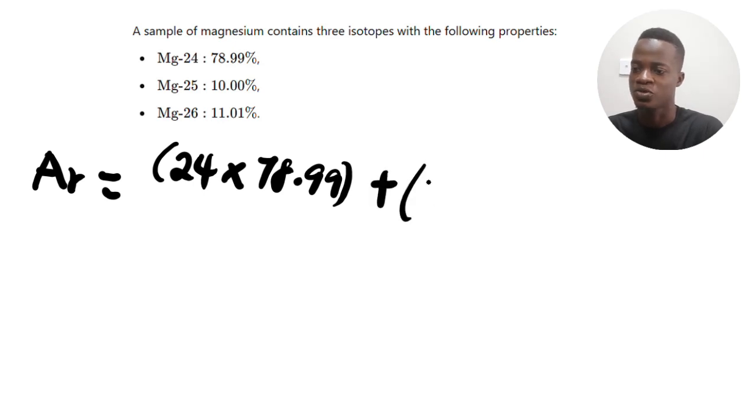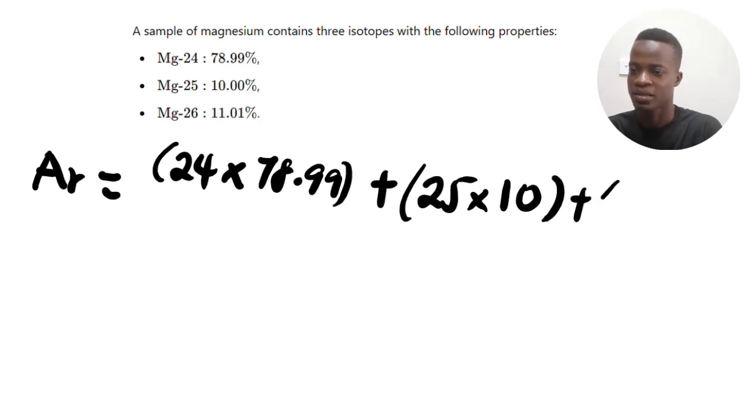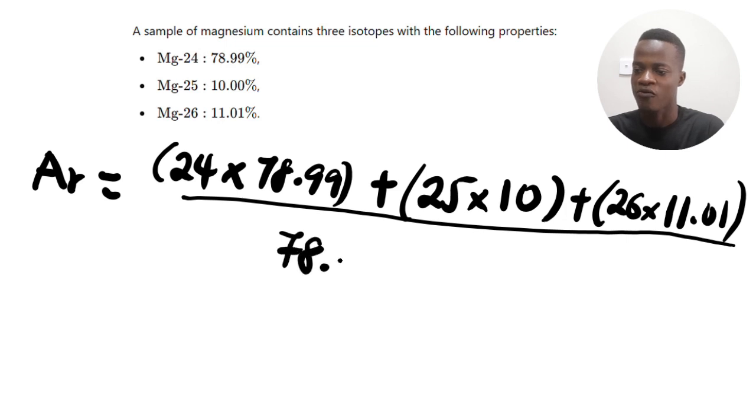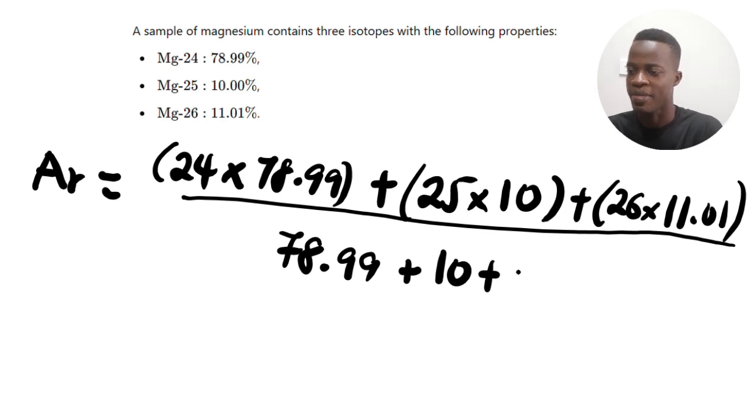Plus 25 times 10% plus 26 times 11.01. So if you close this, you divide by the sum of all the abundances. Here the masses do not follow in this summation.